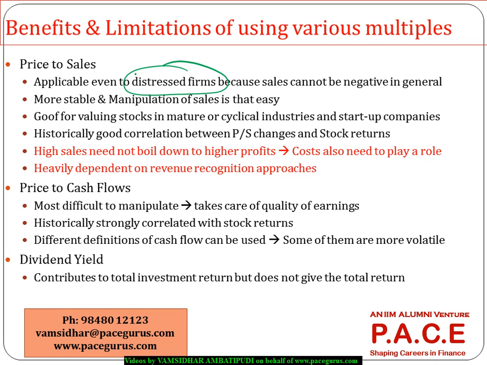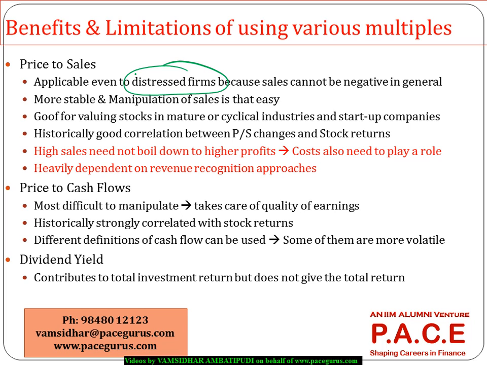Because of all this, there is a possibility that the book value can go negative, even though it's an accumulation kind of a piece. But sales can never go negative. In the worst case, they may touch zero. They cannot go negative.